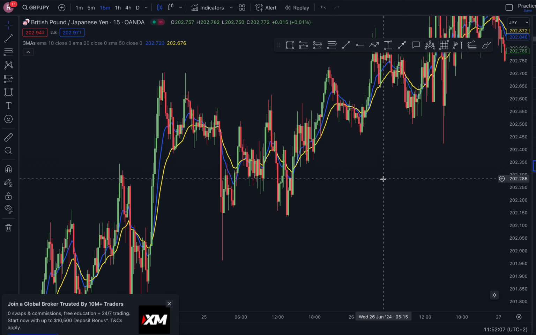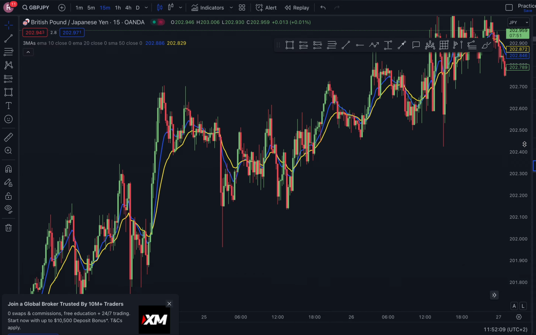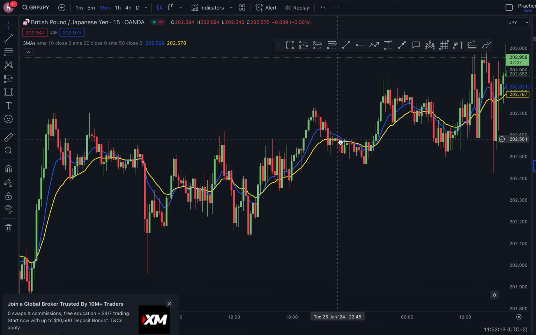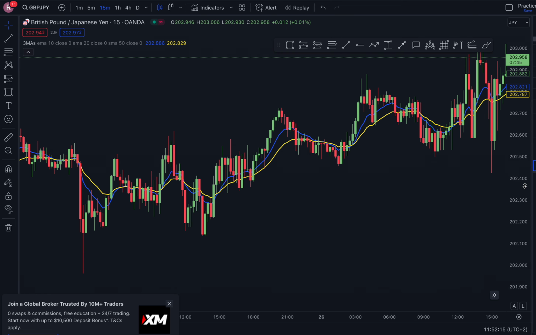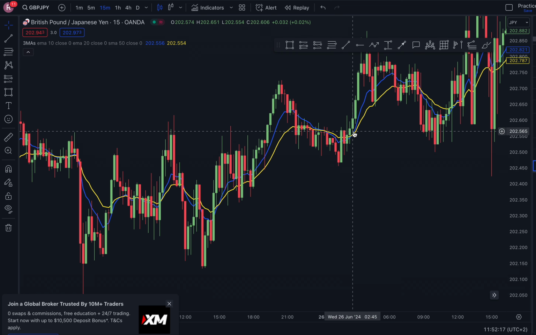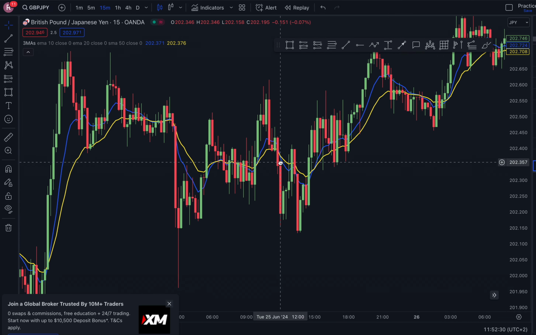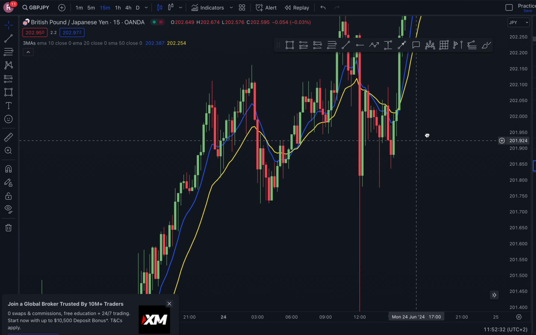Whenever the EMAs cross over, in other words, whenever these two meet and then they cross over, let me give an example. This has been an uptrend for some time.